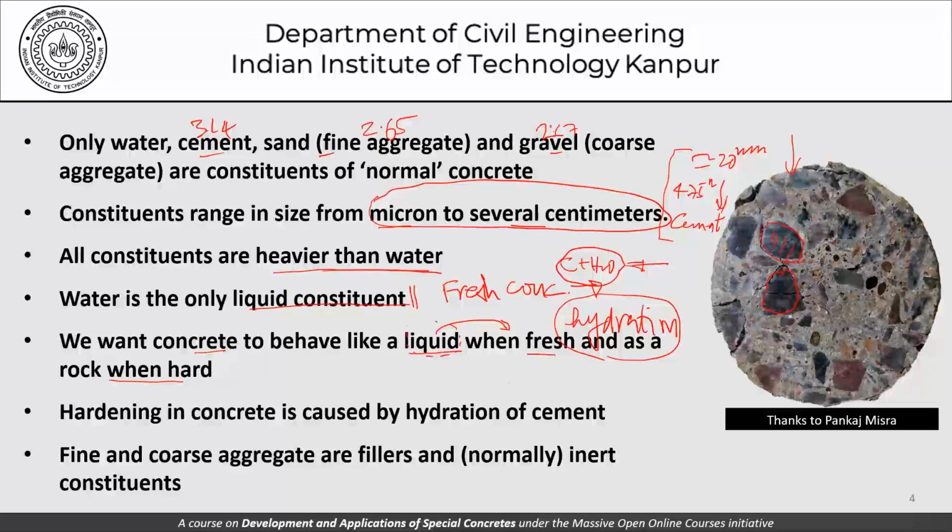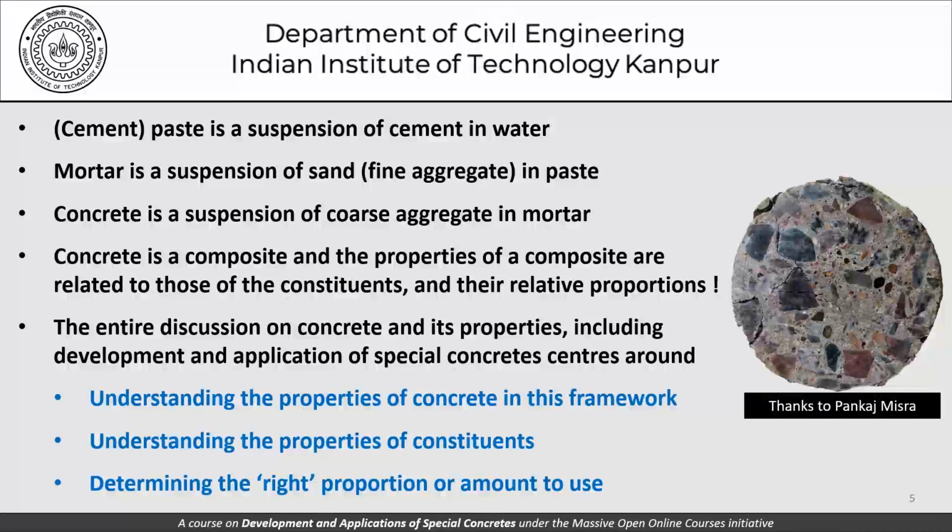Another fundamental aspect. Cement paste is nothing but a suspension of cement in water. So that's one thing you should remember: we take water and if we add cement to it, we get what is called paste. And this paste can be considered as a suspension of cement in water.